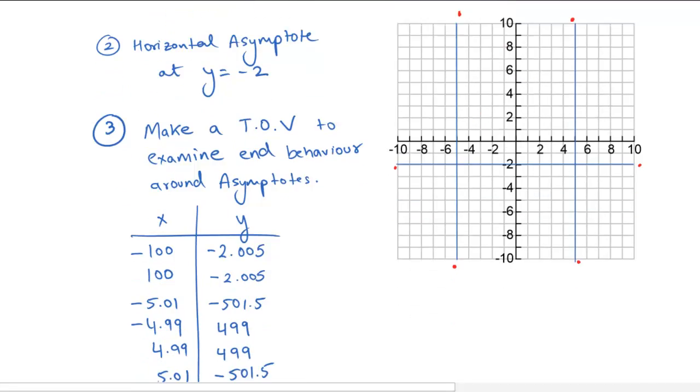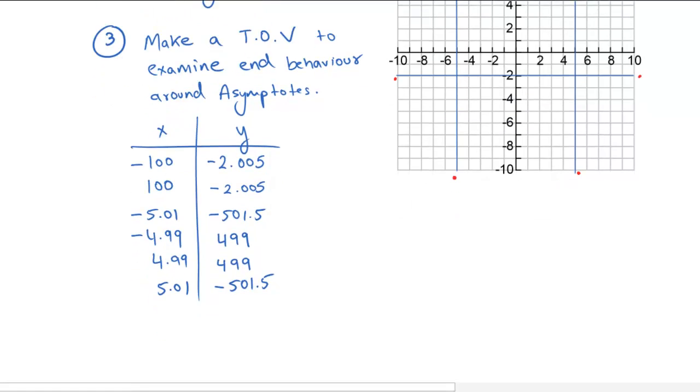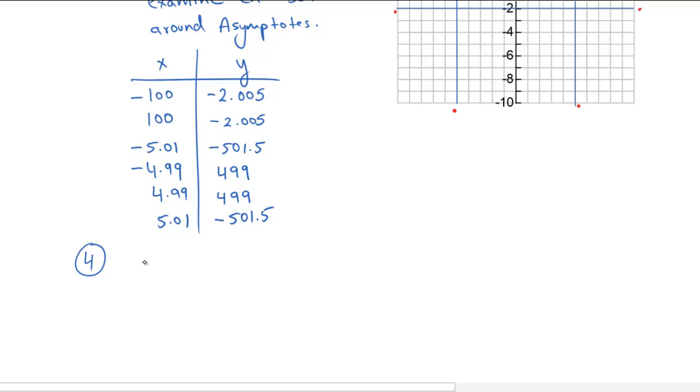Okay, so let's fill those gaps in. The next thing I need is to find the intercepts, put those on the graph, so let me look for that. So find the intercepts. X-intercept means y equals 0.